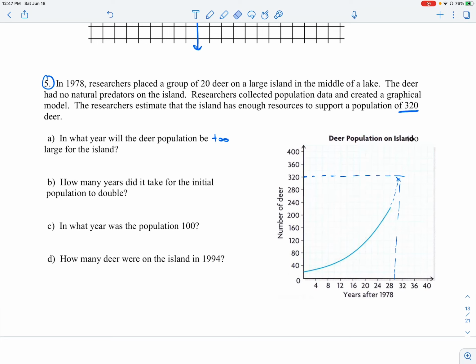So let's draw a nice line going down. And this here is 30 on the graph. So we're probably about maybe 30 to 31 years. So we could say approximately 30 years.